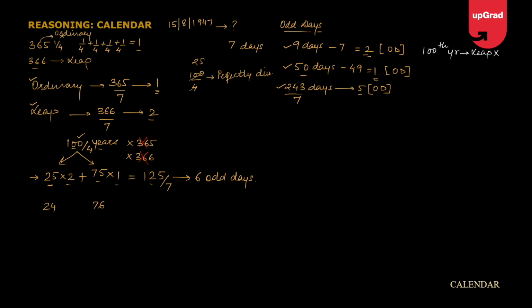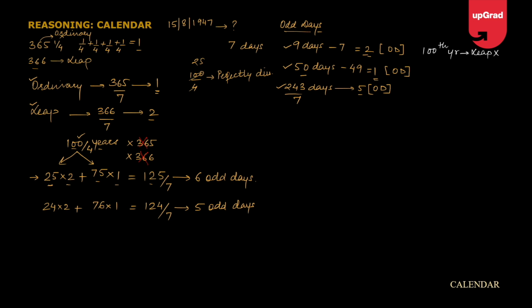Again, we'll go with the same calculation. Every leap year has 2 odd days, every ordinary year has 1 odd day, and the total comes out to 124 this time. But as I said, odd days cannot be greater than 7, so we divide it by 7 again to get 5 odd days. Wonderful.